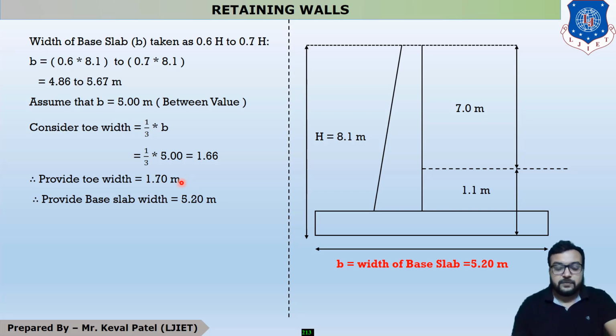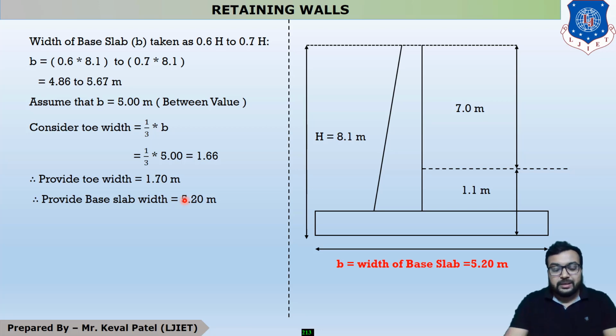Okay. So if we provide the width of the toe slab as 1.7 meter, then the relation between the base slab and toe slab is 1 by 3. If you provide 1.7, then you have to provide a base slab of minimum 3 times 1.7. So we finally provide the width of the base slab as 5.2 meter.